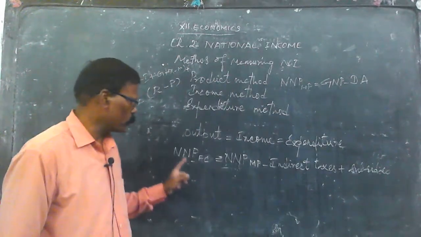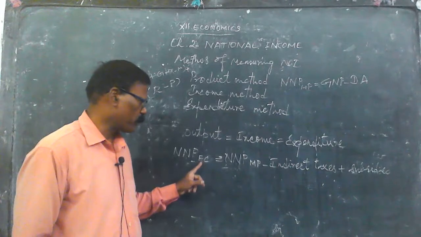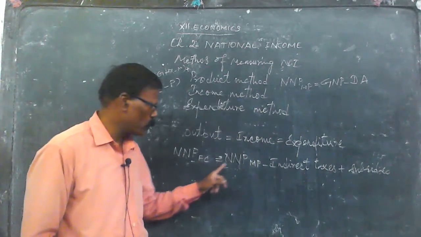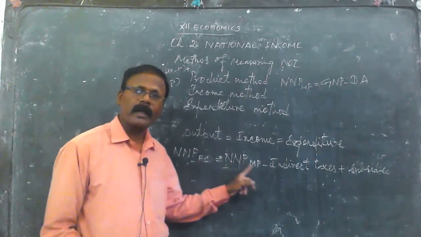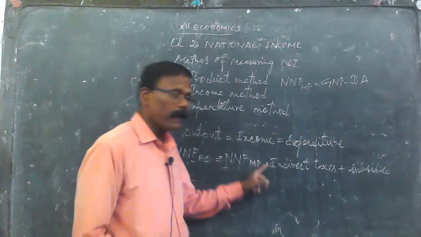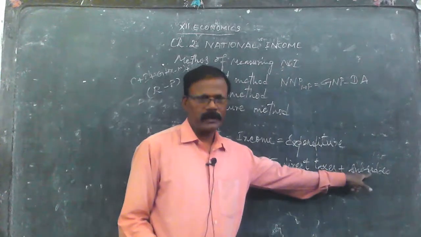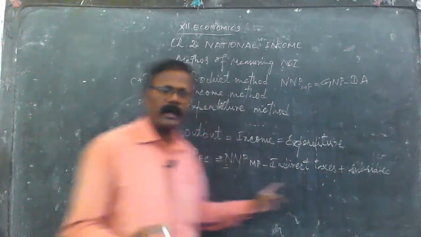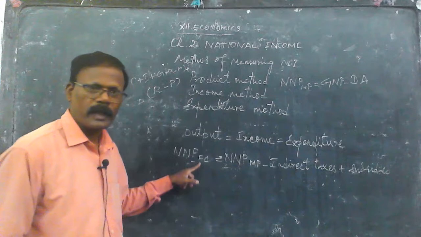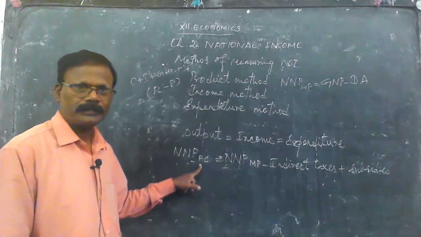So NNP at factor cost is equal to net national product at market price minus indirect taxes adding subsidies. This is to arrive at net national product at factor cost.